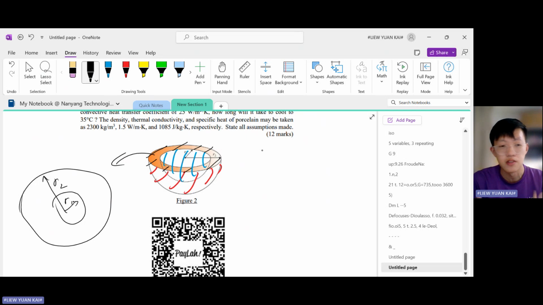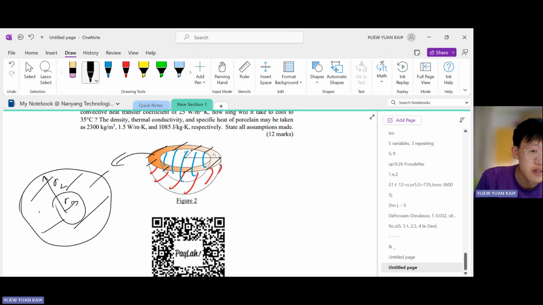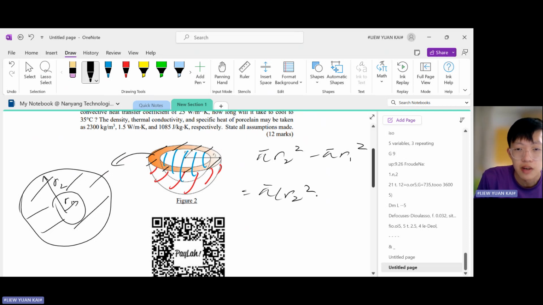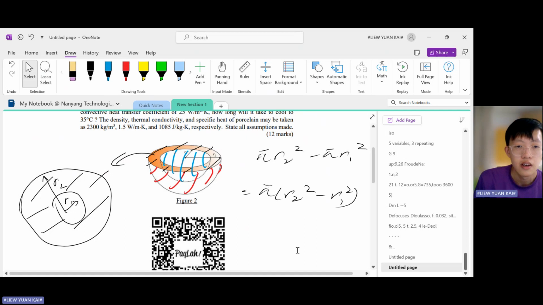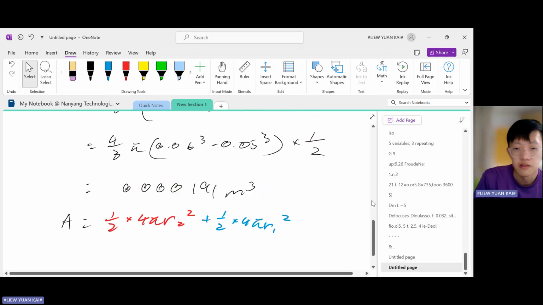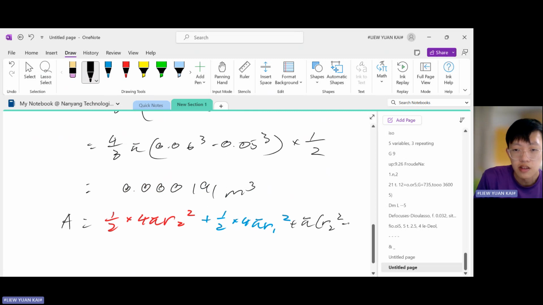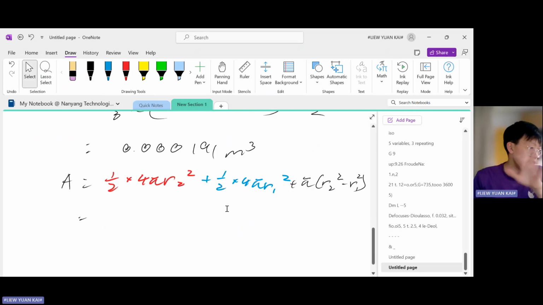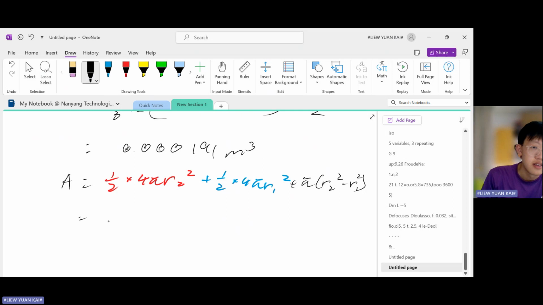So we want the difference of 2 circles: pi r2 squared minus pi r1 squared, or simply pi times (r2 squared minus r1 squared). So we put this in, and you substitute in the numbers.